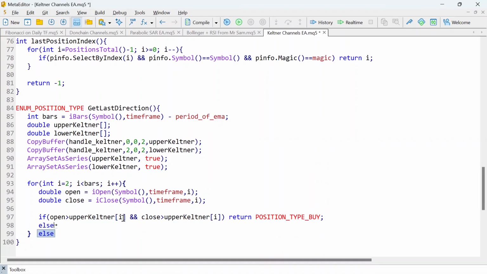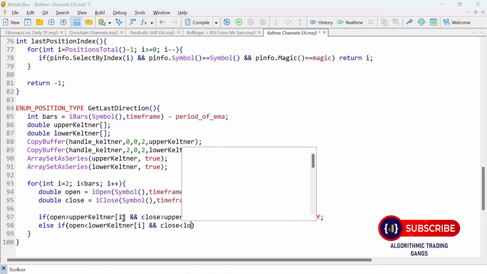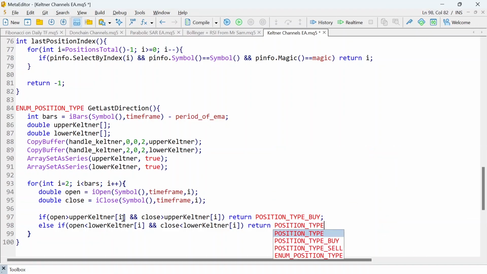And in the case where the candle opens and closes below the lower Keltner line, it is going to return that the last direction was of type sell, right? So, and that is it.